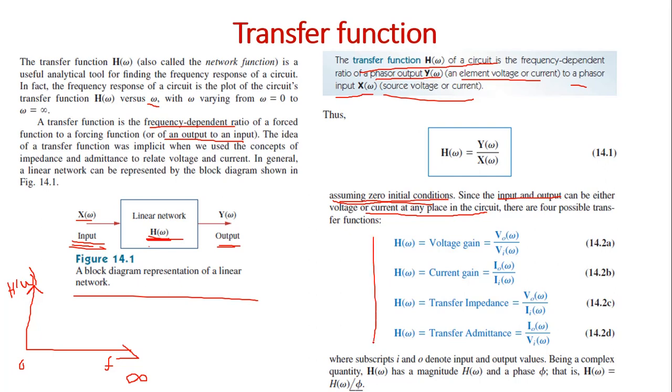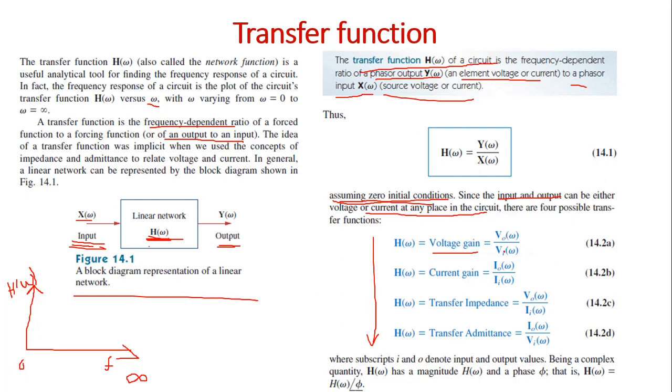So what are those transfer functions? These are the transfer functions. H of omega can be the voltage gain, which is the ratio of output voltage by input voltage. So V naught of omega is the output voltage and Vi of omega is the input voltage.